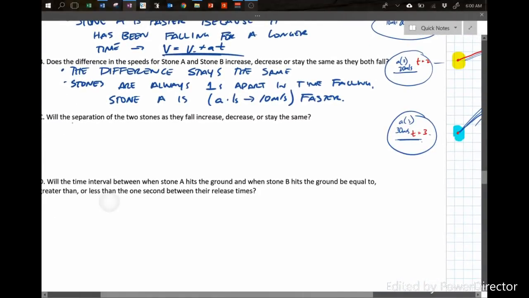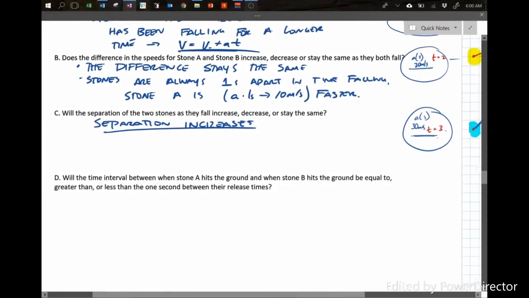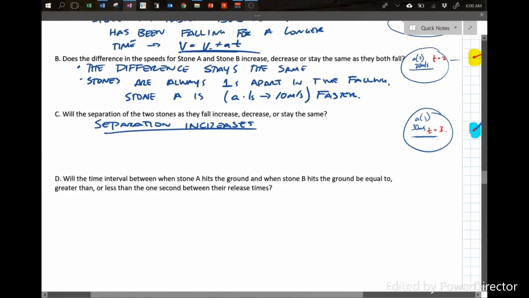It appears as though separation increases. And here it might be, in order to explain it, a little bit more helpful to look at an equation. So as we fall, delta y is v0t plus 1/2 at squared. Started off with an initial speed in the y direction of 0, so delta y is 1/2 at squared.